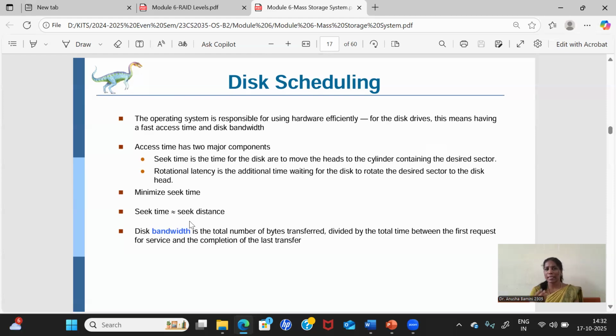If I play one song, to play that full song, how many bytes of data are transferred, divided by the amount of time from when the request started to when the data access completed. That is called bandwidth. At the time of solving problems, you will calculate the seek time, or how much time it takes to move from one position to another, or from the head to another sector.